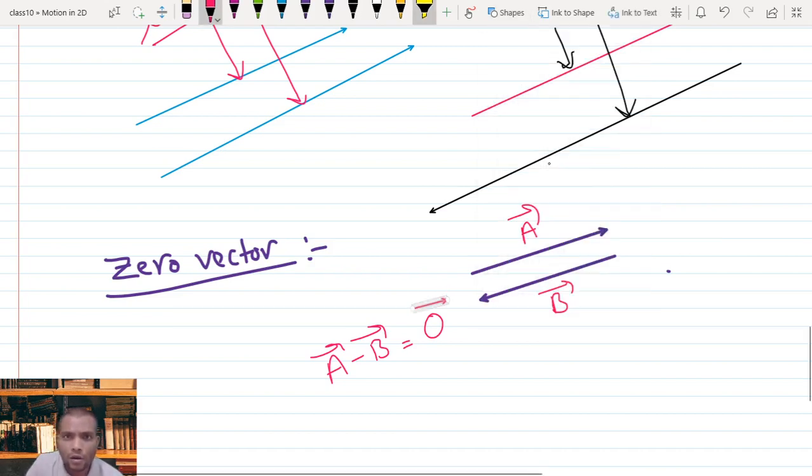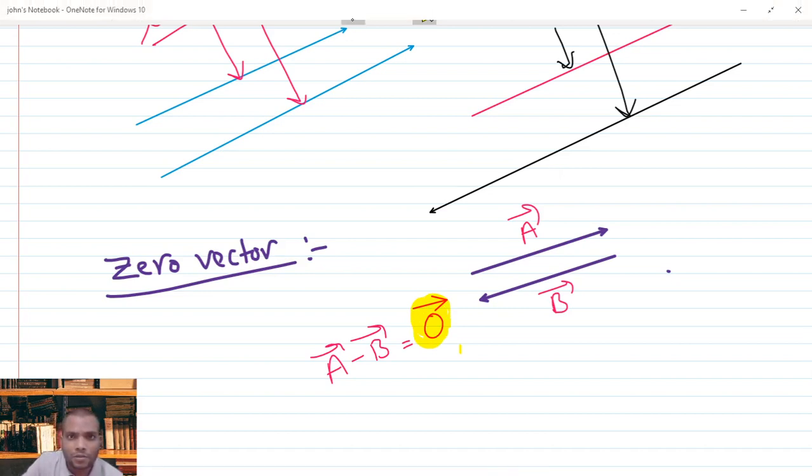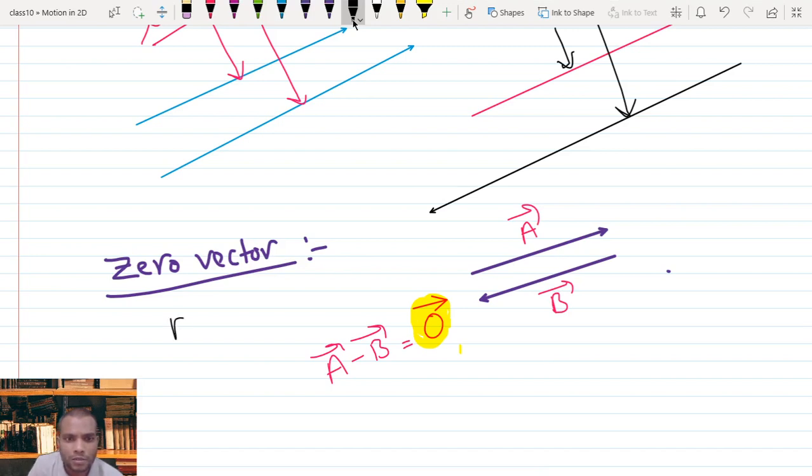So 0 bar is also a vector. Is it called a zero vector, or does it have another name? This name I encourage you to remember: it is called the null vector.